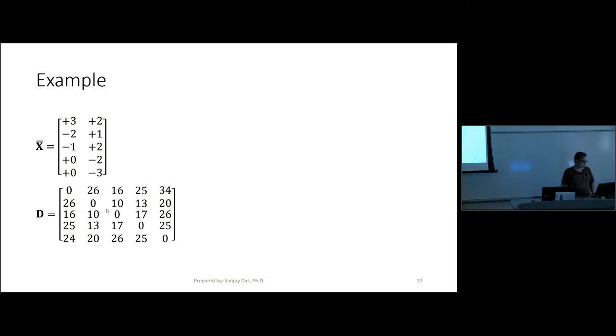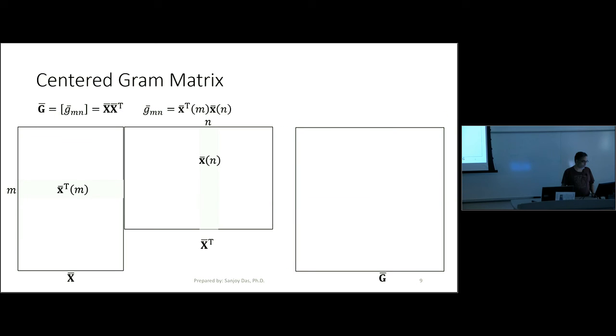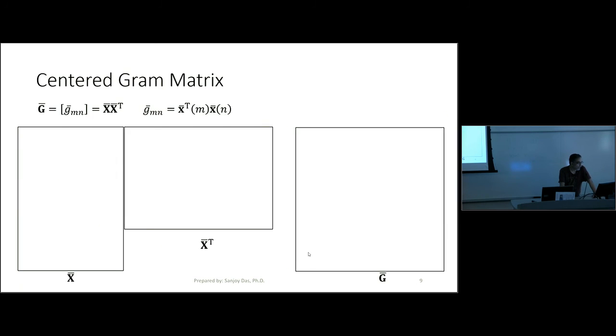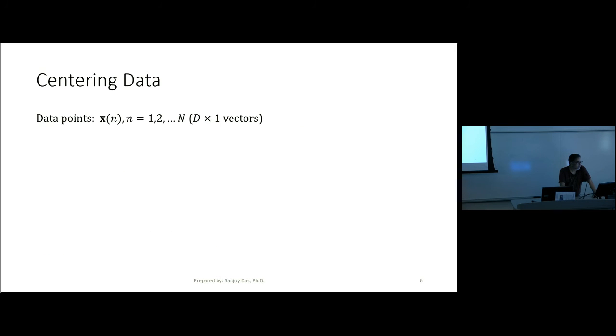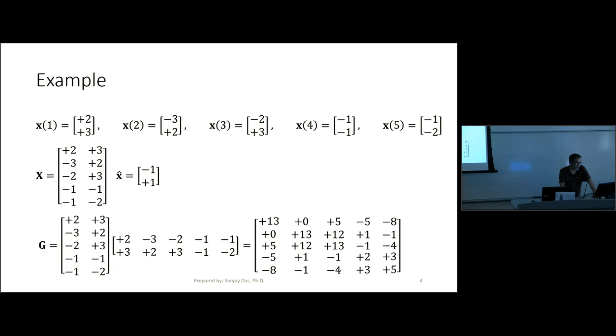One thing you'll note in the Gram matrix is the diagonal elements are relatively high. Not always the case, because this is plus 2 and this is plus 3.